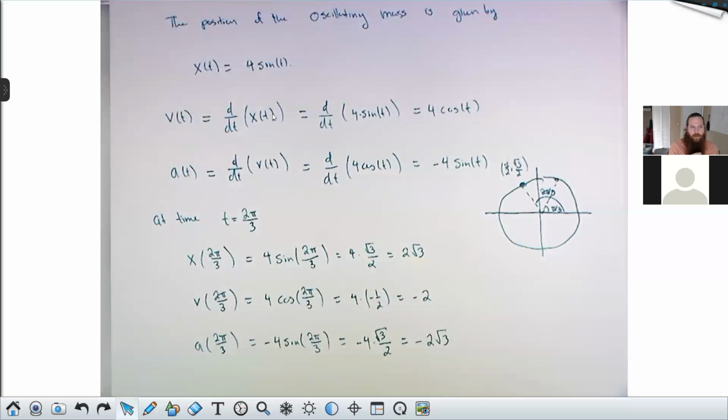And the fact that the acceleration is also negative means that we're speeding up in that negative direction. So if the velocity and the acceleration are pointing in the same way, then you're speeding up. And if your velocity and acceleration are pointing in opposite ways, then you're slowing down. So velocity is -2. This means I'm going to the left. And acceleration being negative as well means I'm going to the left and speeding up. So we're moving in the negative direction and we are speeding up.